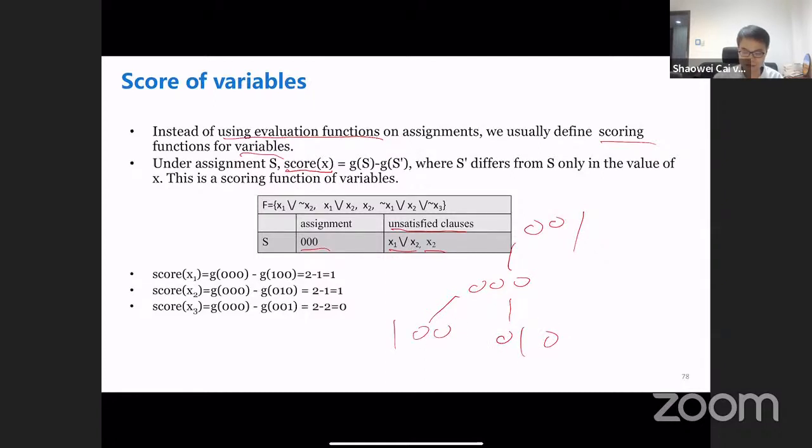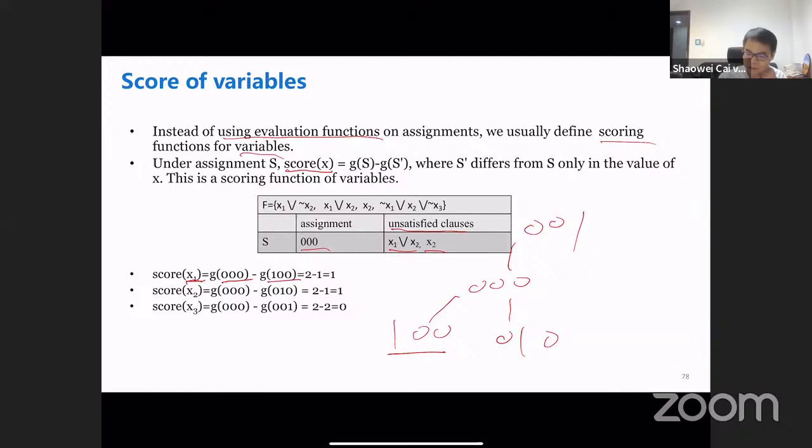Each complete assignment has an evaluation function, for example defined as the cost, the number of unsatisfied clauses here. Then for variable x1, we can define its score as the cost of the current assignment minus the cost of the assignment we obtain if x1 were flipped.